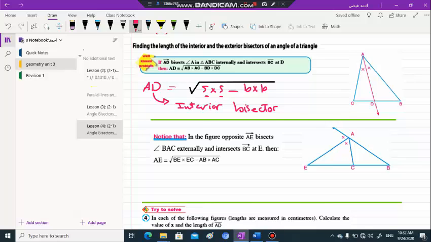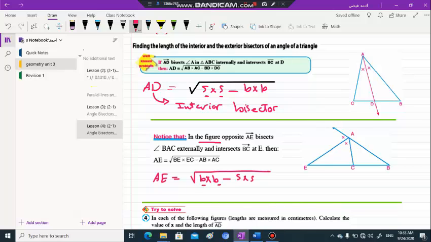Note that in the figure opposite, AE bisects angle BAC externally and intersects BC at E. Then the length of AE, if AE is the exterior bisector, we have a rule: square root of base times base minus side times side.